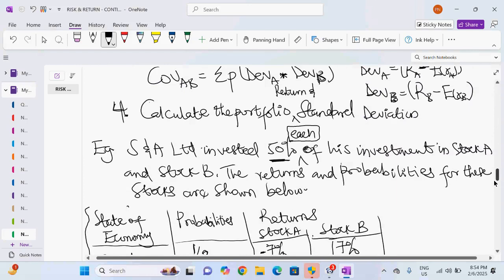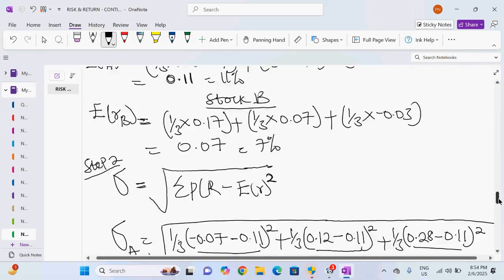So you think they just gave us the 50% for fun? They didn't give us for fun. We used it to compute the weight, right?